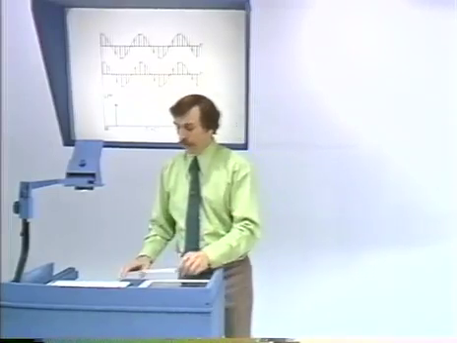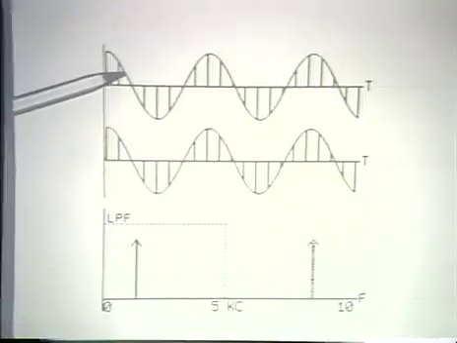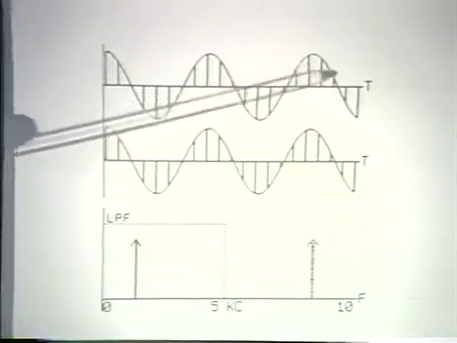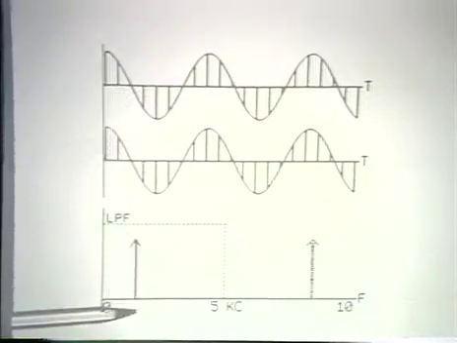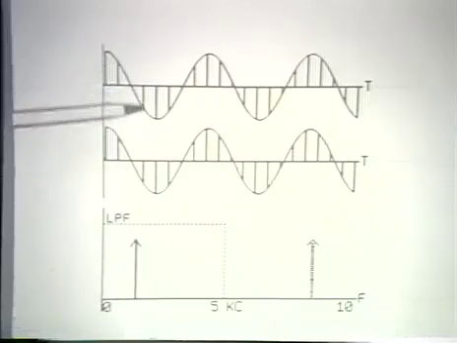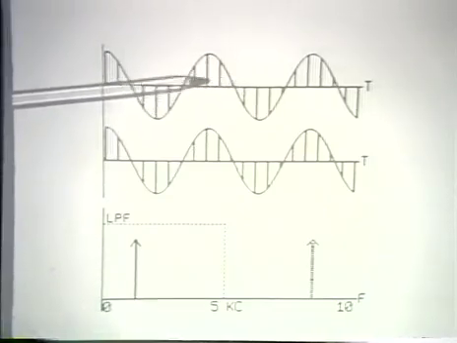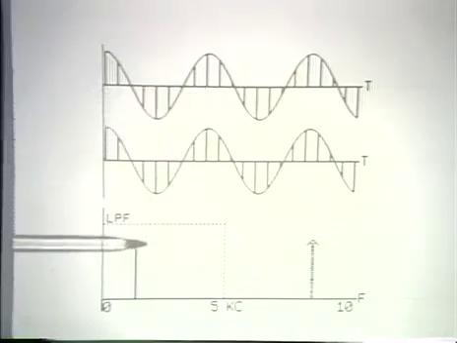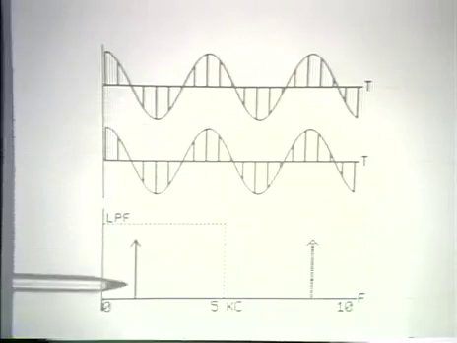What we have is an input signal that is a sinusoidal signal, and the spectrum or Fourier transform of that is an impulse in the frequency domain at the frequency of the sinusoid. We then have samples of that, and when we sample it, and for this particular example it's sampled at 10 kilohertz, this spectrum is then replicated at multiples of the sampling frequency.